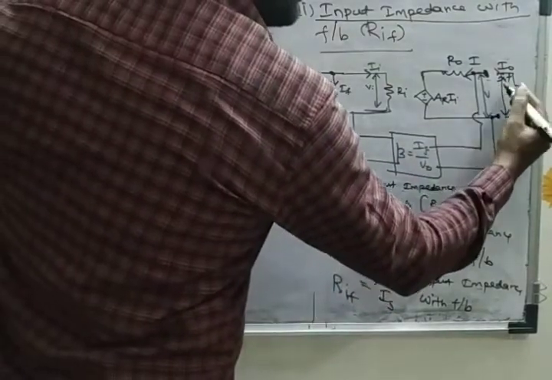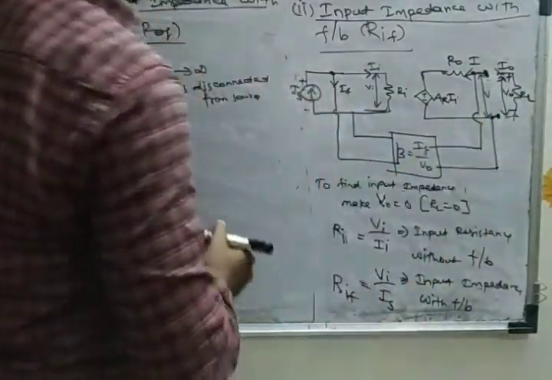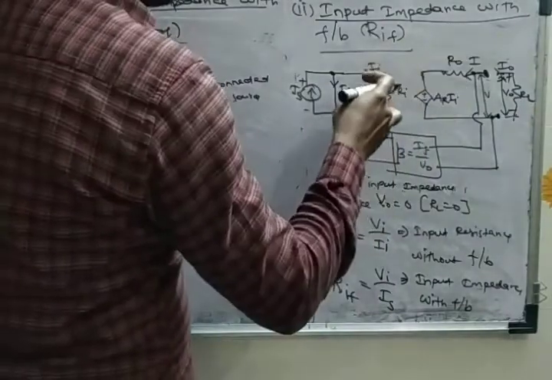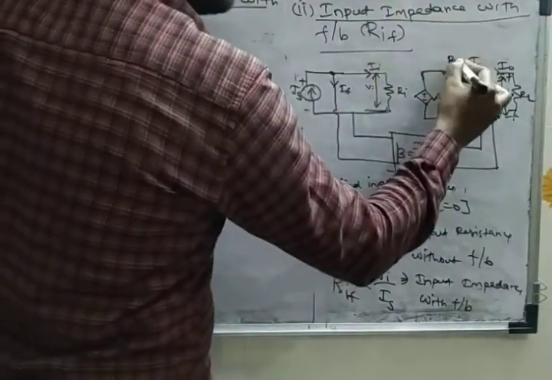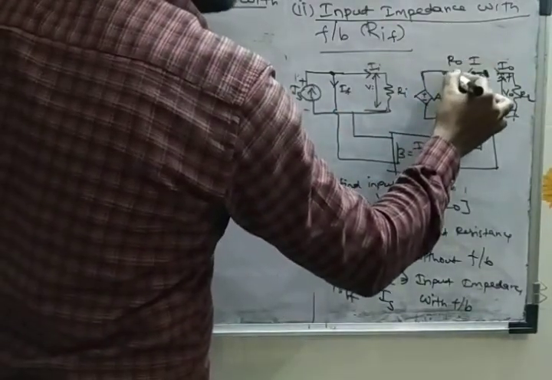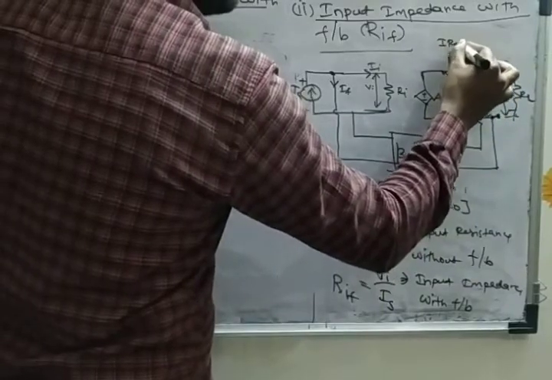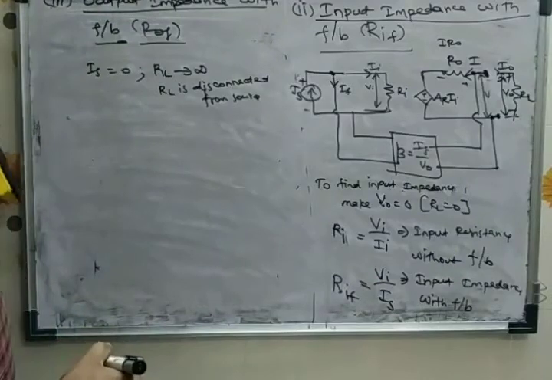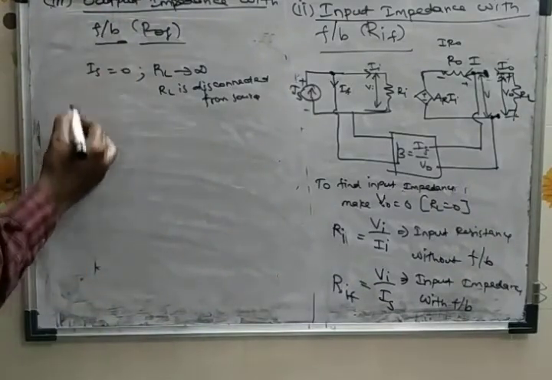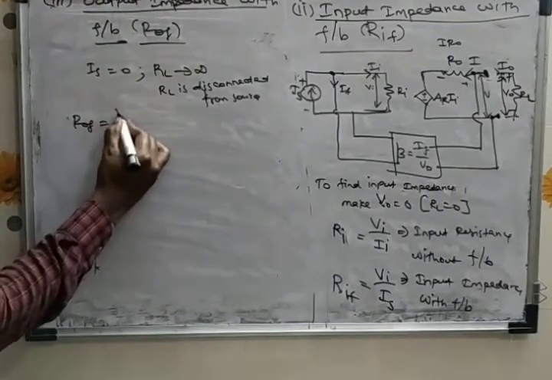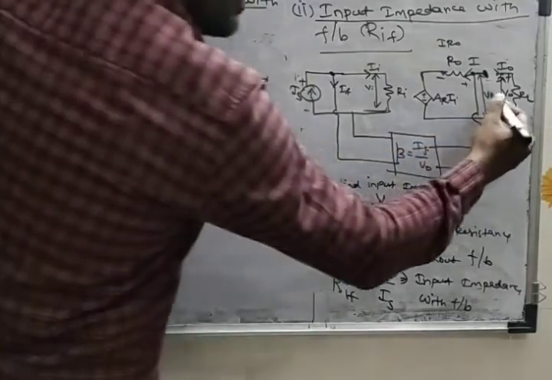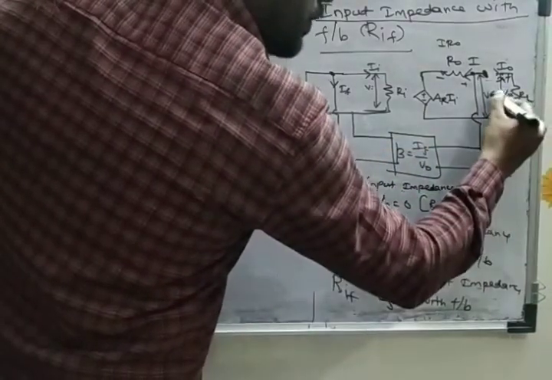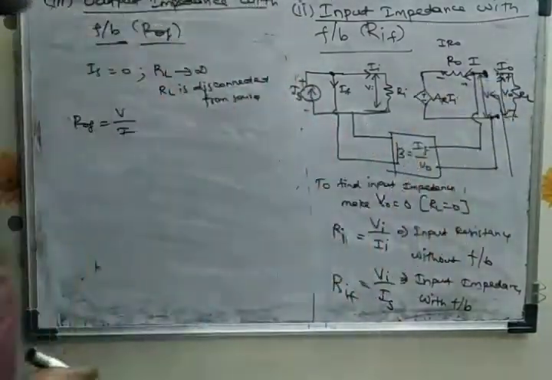Now V0 is equal to V and the current flowing through R0 is I. The voltage is I R0. Your R0 is equal to V by I, the impedance looking from this terminal.